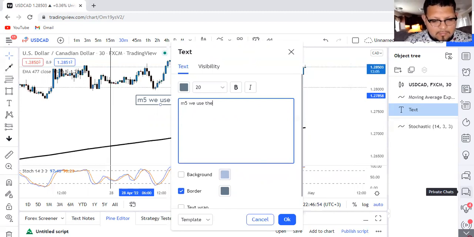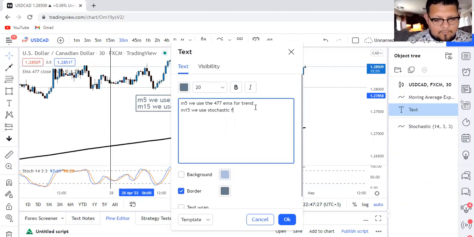Use 477 EMA for trend. M15. We use stochastic for overbought, oversold, or you know what?